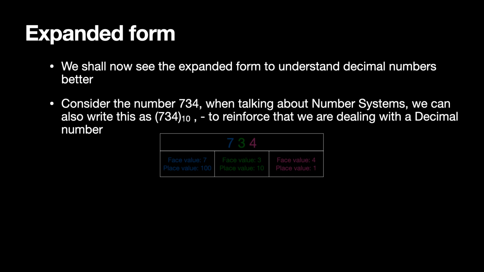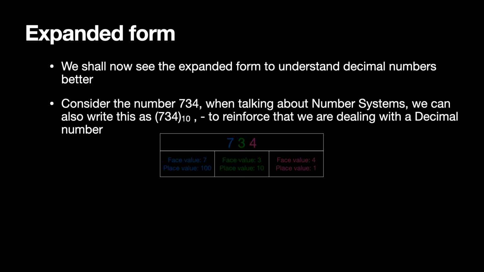The number 7 has a face value of 7 and a place value of 100, that is 10 to the power 2. So you start counting from the rightmost bit and you assign a place value of 10 to the power 0, 10 to the power 1, 10 to the power 2, so on and so forth.